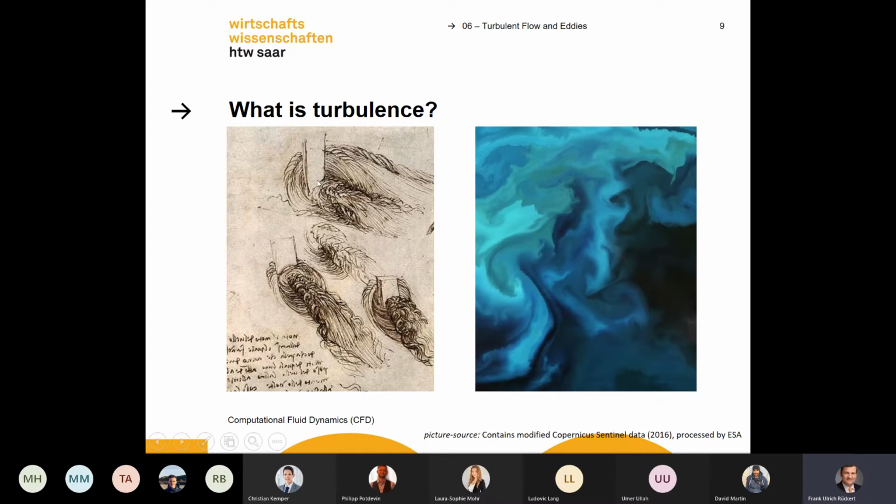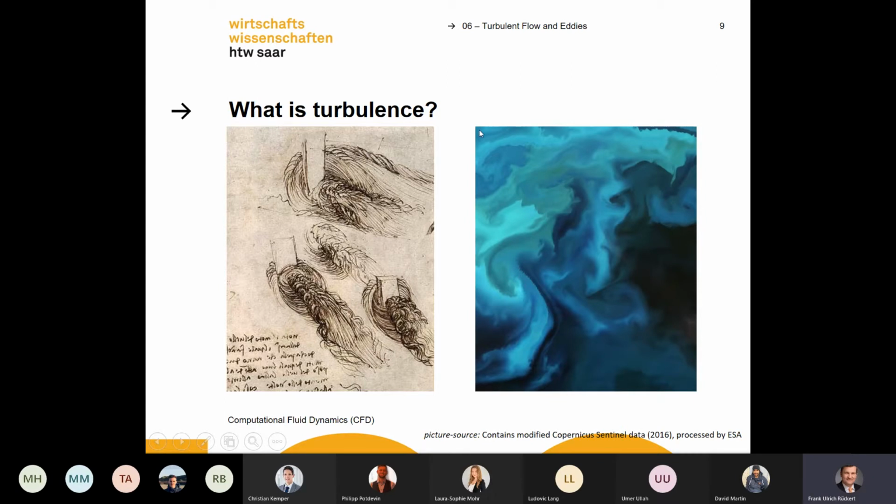He also did it to examine the fluid flow, to visualize it. You can imagine this is really difficult. If you just look at the water and try to paint it, that's not easy.